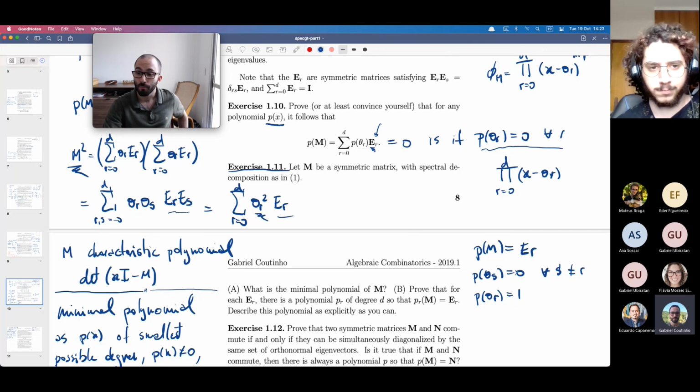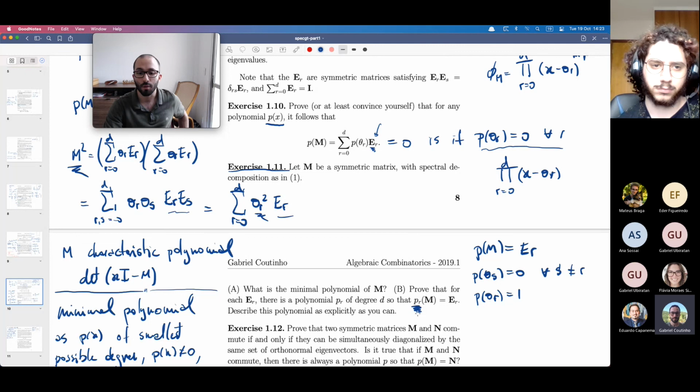Now, you can always find a polynomial that assumes values in a set of distinct numbers. There is a formula for that. It's Lagrange interpolation. In this case, it's actually very easy to come up with the expression for the polynomial Pr.